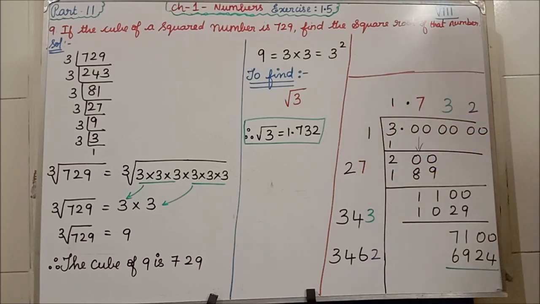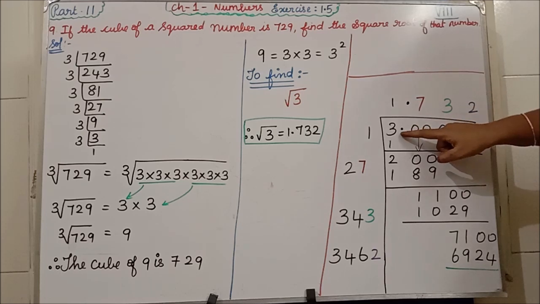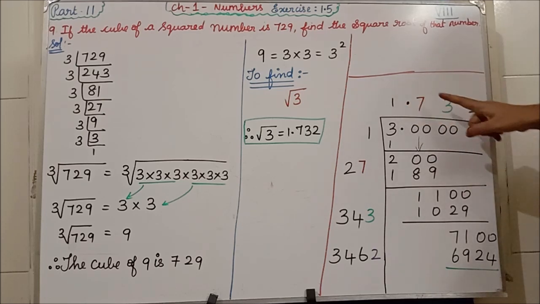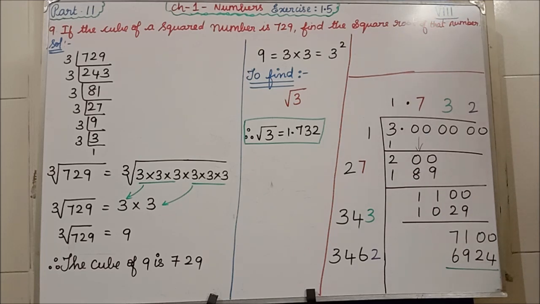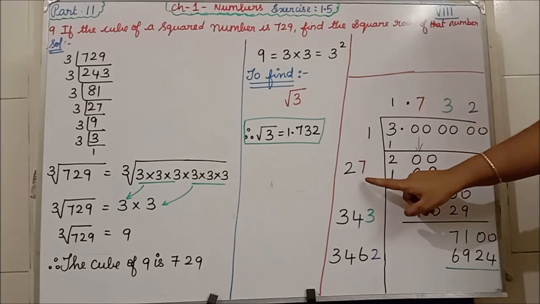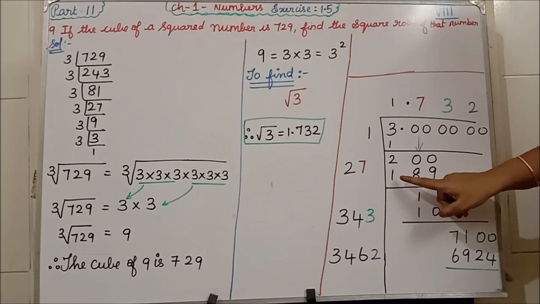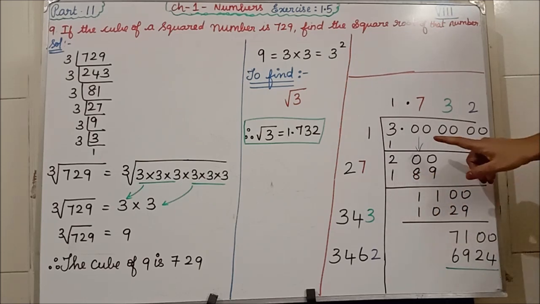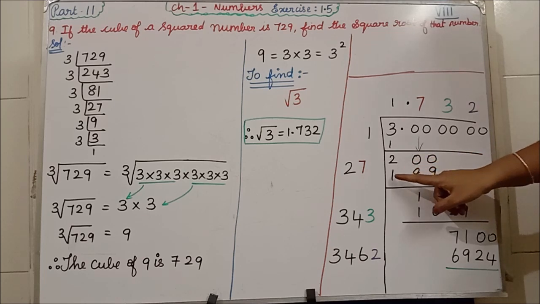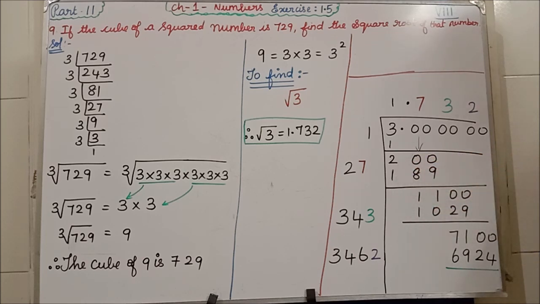So write here 2, and keep the decimal. What number you are writing, the same number here also you have to write. 7 into 27, if you multiply, we will get 189. Clear? So 200 minus 189, if you subtract, we will get 11.